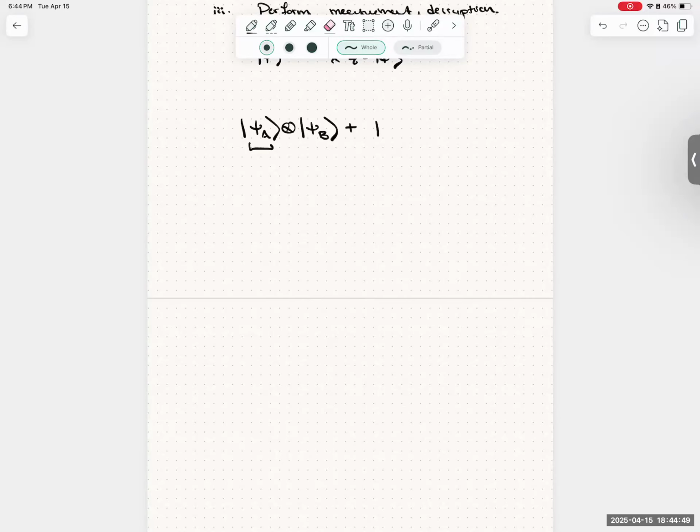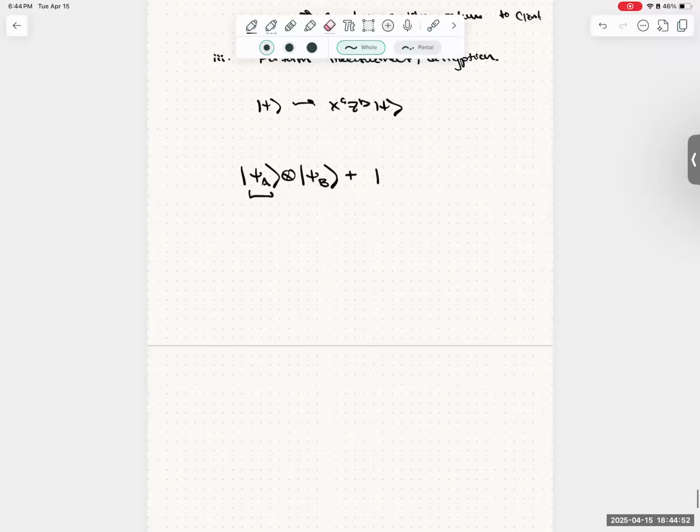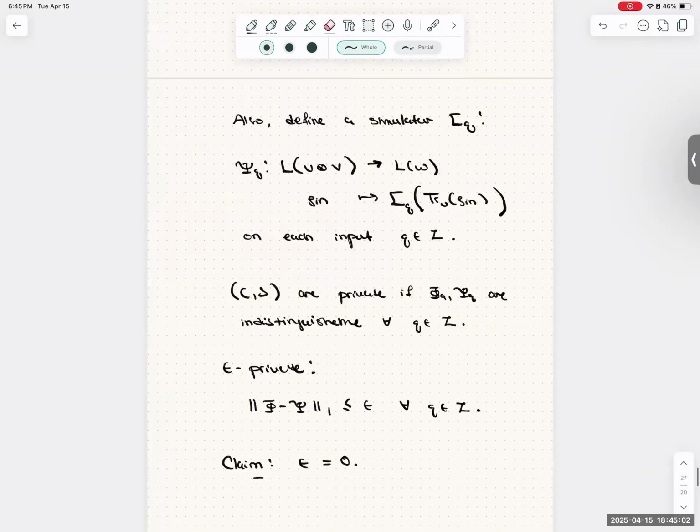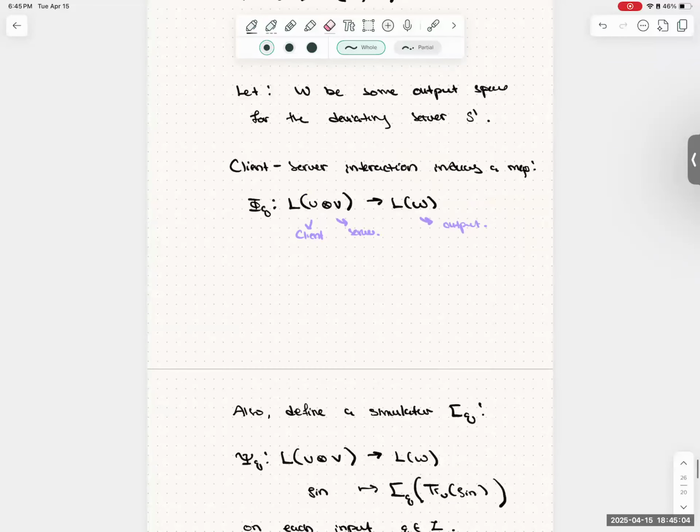So the only way that things become interesting is if you have some initial row that could be entangled or any arbitrary state, and you model this gaining of information by this quantum channel, which maps that initial quantum state to some output on L of W, which is representing Bob's intention to manipulate whatever reduced density matrix he has.